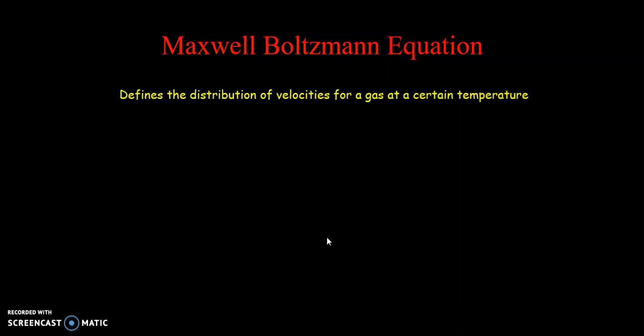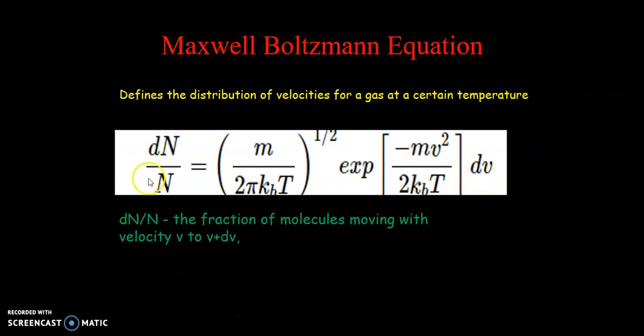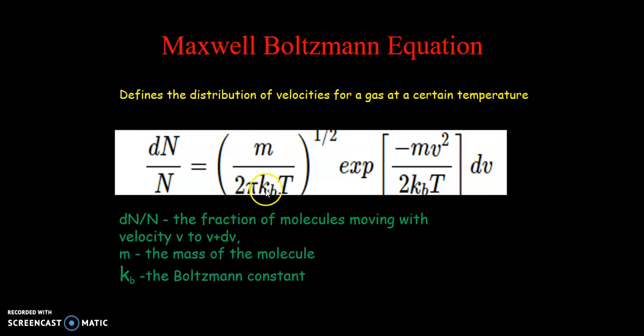It defines the distribution of speeds for a gas at a certain temperature, and the equation is in the form dN by N equals (m by 2 pi kB T) raised to half into e raised to minus m v square by 2 kB T into dv, where dN by N is the fraction of molecules moving with velocity v to v plus dv. m is the mass of the molecule, kB is the Boltzmann constant, and T is the absolute temperature.